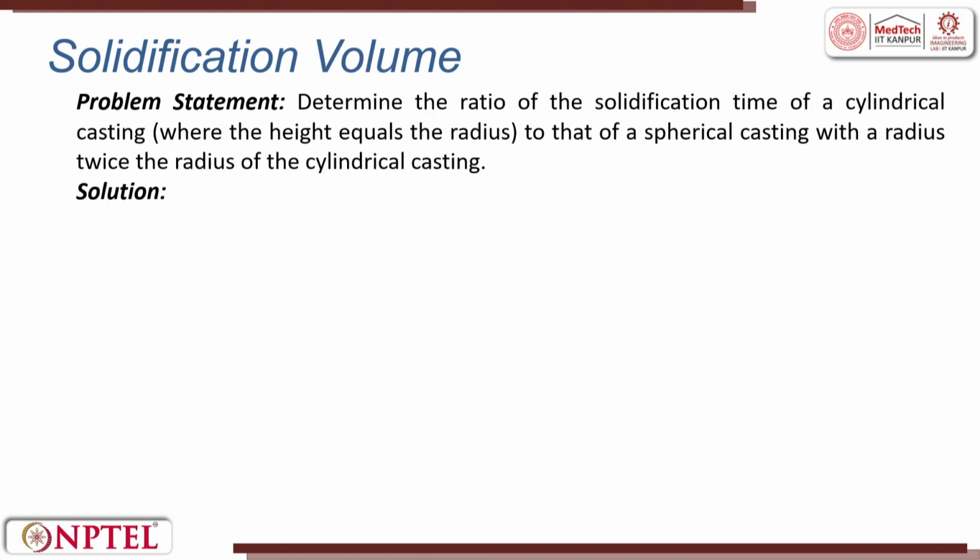Very similar problem for a cylindrical casting is given now. Determine the ratio of the solidification time for a cylindrical casting where the height equals radius to that of the spherical casting with radius twice the radius of the cylindrical casting. Wonderful problem. So, we have a cylinder whose height is equal to radius.